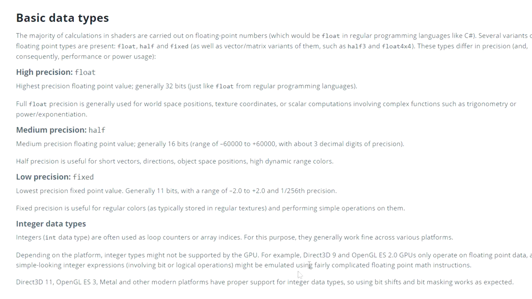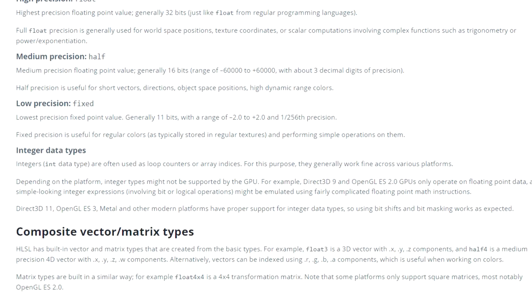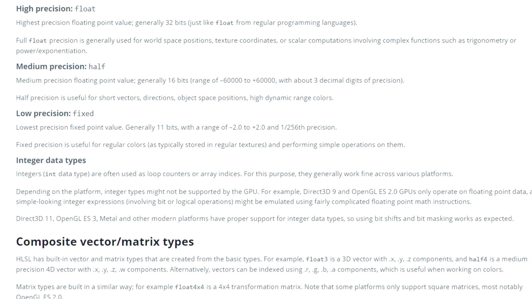Well, what about composite data types? Things such as 3D or 4D vectors or 4x4 matrices, for example. Well, you can see that in order to create a 3D vector, you just use float3, for example, and that will create a vector with 3 components, x, y, and z, where each component is of type float, in other words 32 bits wide.